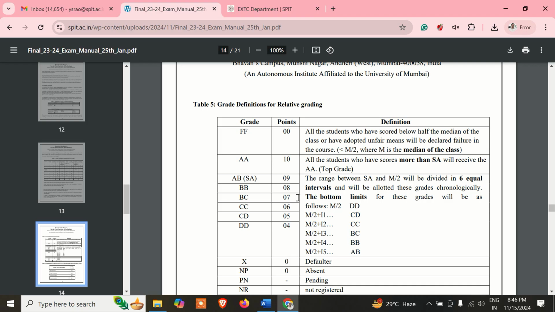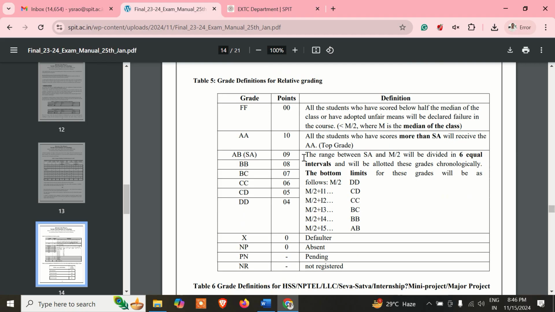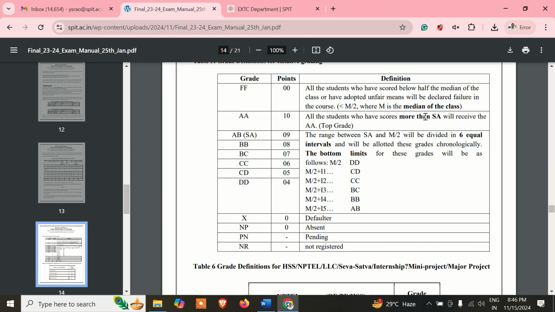As discussed, let us look at the absolute and relative grading system. All the students who have scored below half the median of the class are declared as a fail grade. All the students who have scored more than the summative assessment, SA, will receive AA grade, the top grade, 10 pointers.